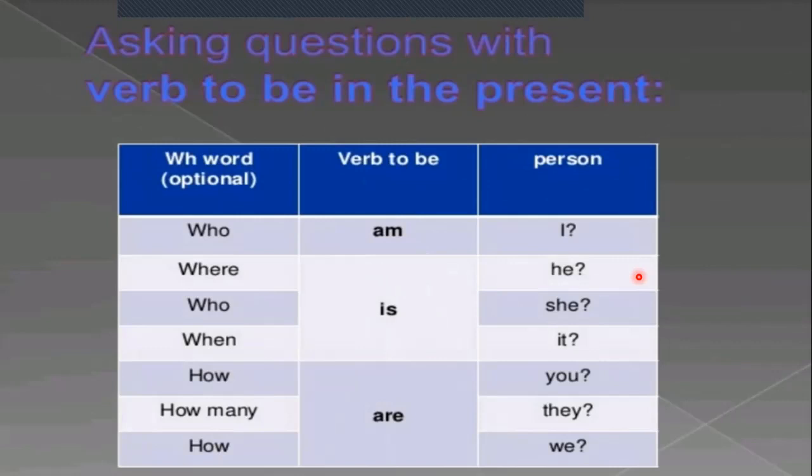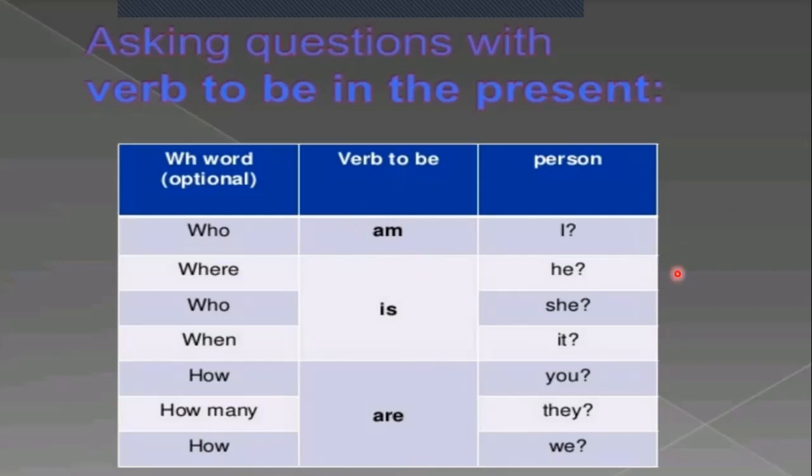Now, my students, we will know how to make a question with verb to be in the present. We said before that any question, احنا قلنا قبل كده إن any question أي سؤال, consists of 4 things. But look here, my students. This question consists of only 3 things. Why? Because here we use verb to be as auxiliary verb and main verb at the same time.